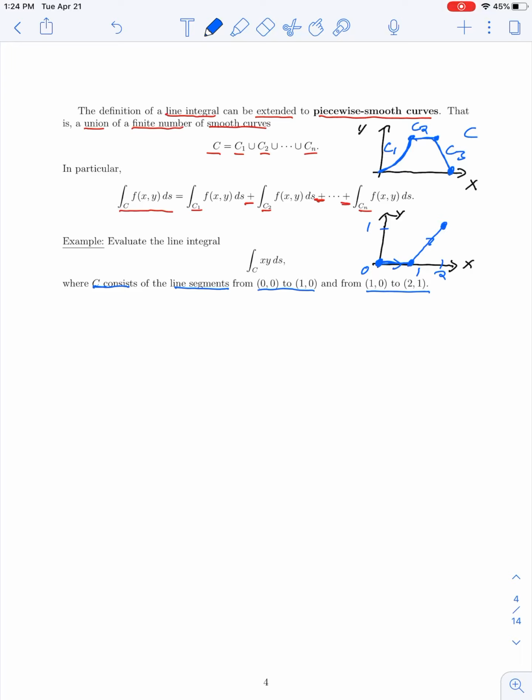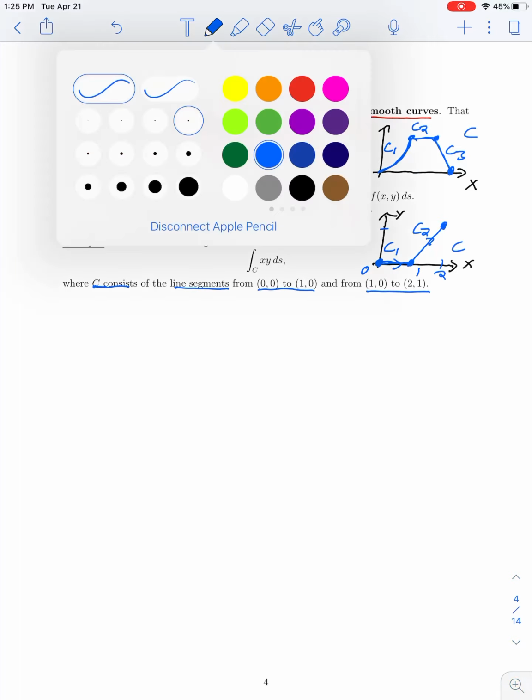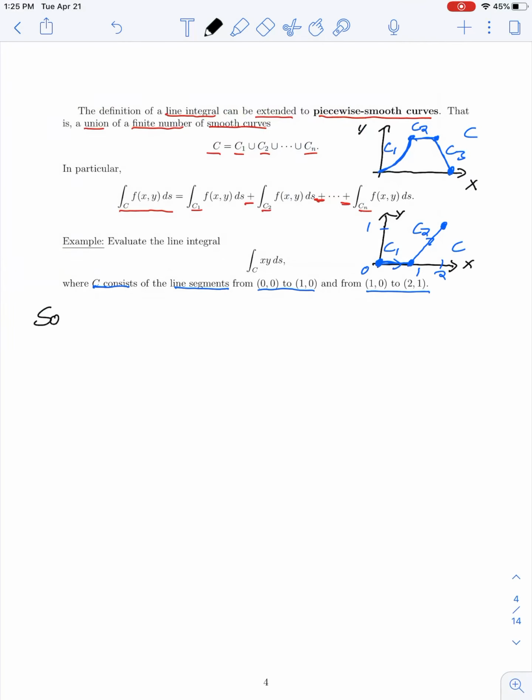So we could think of this curve C as consisting of two smooth pieces, C1 and C2, these individual line segments. So in order to find the line integral over our curve C, that is the line integral of x times y with respect to arc length over the curve C, we would integrate xy with respect to arc length over the first part of the curve, C1, and then add the integral of xy with respect to arc length over the second line segment, C2.